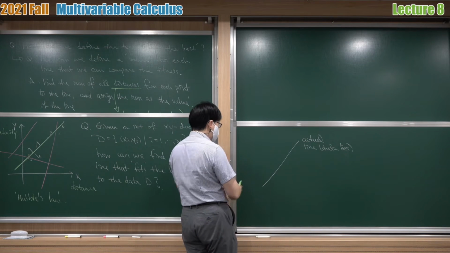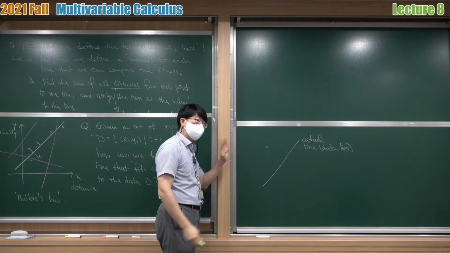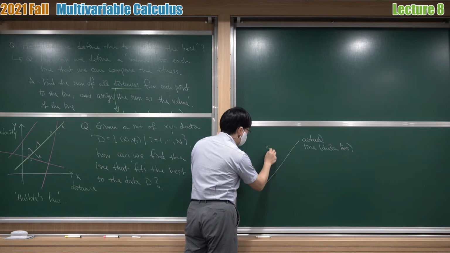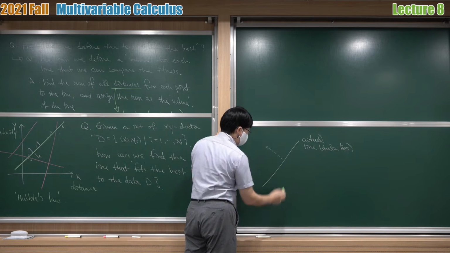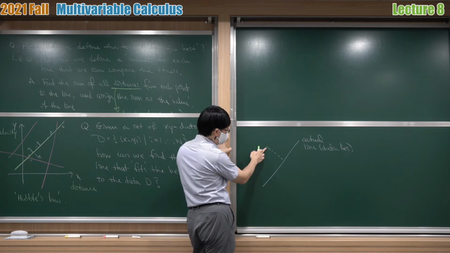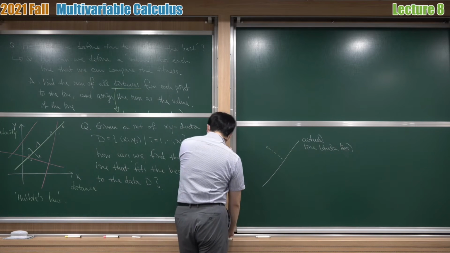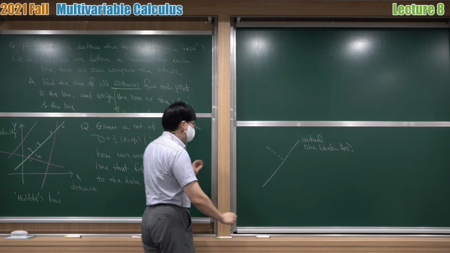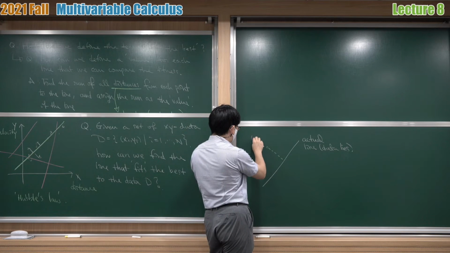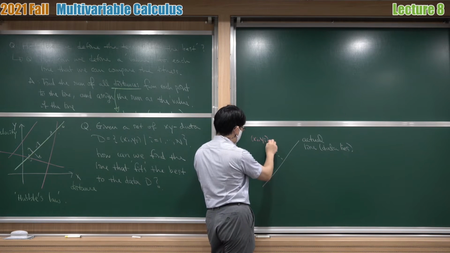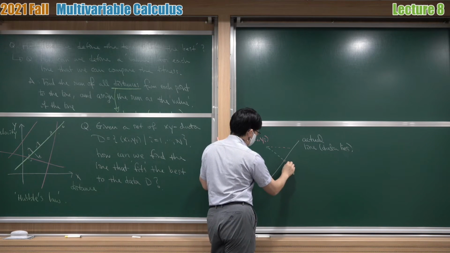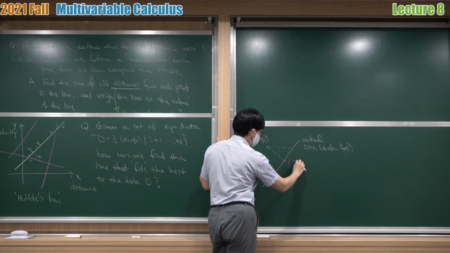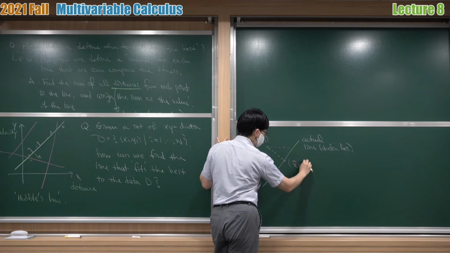If you had a data deviated from the line, and we are going to minimize the shortest distance from the data to the line, then it kind of means that when we measure this XY data, it should be here. The actual data should be here. Let me put a tilde here.